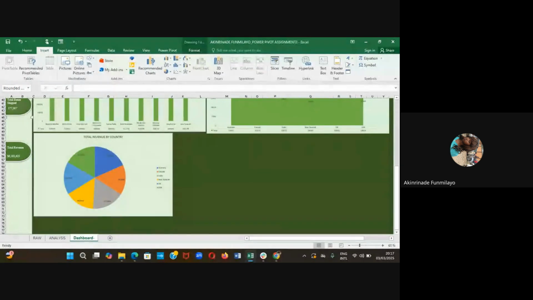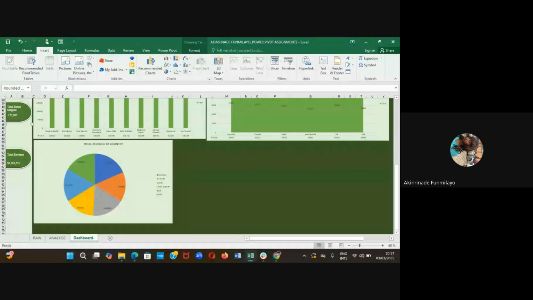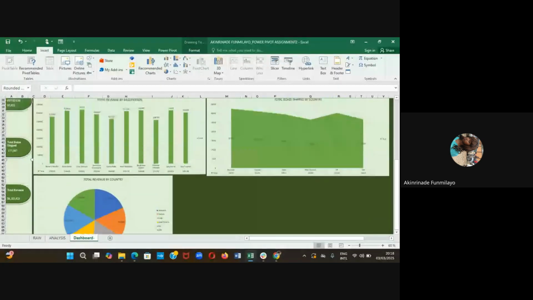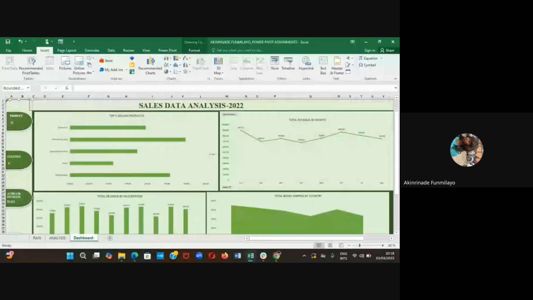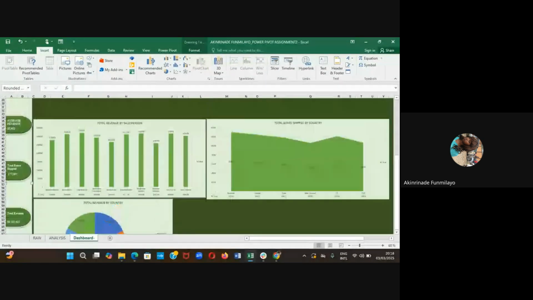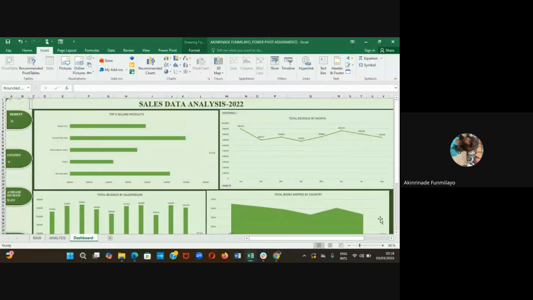And total revenue is represented by a pie chart, with Australia bringing the most revenue, since it's the one that has the most boxes shipped. It also has the highest total revenue. So that's all. Thank you.